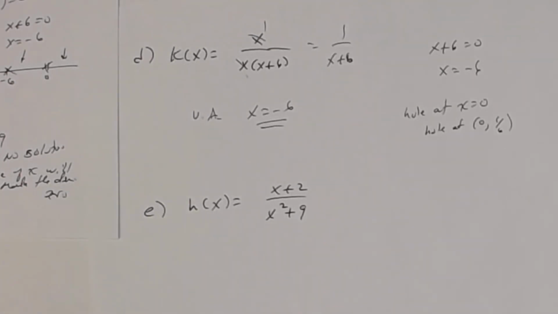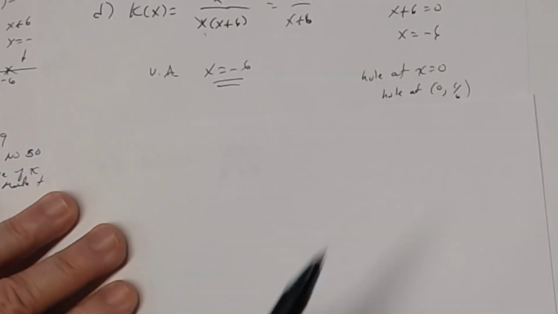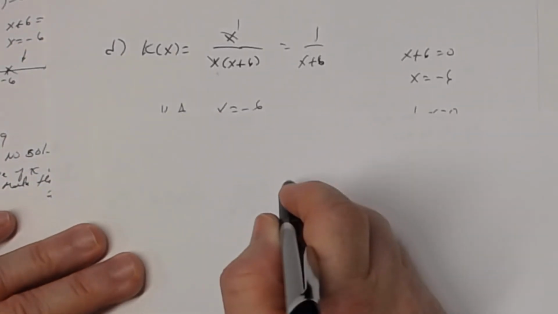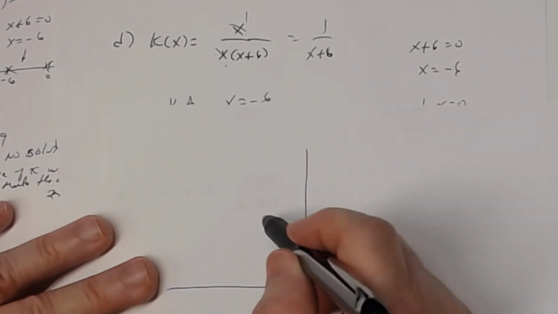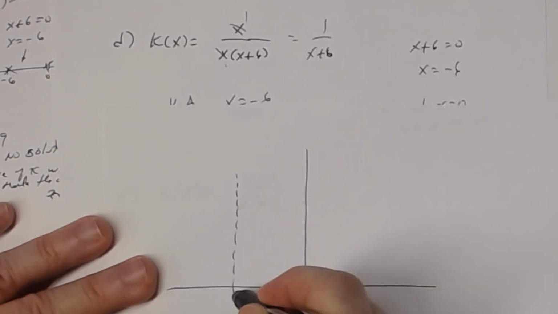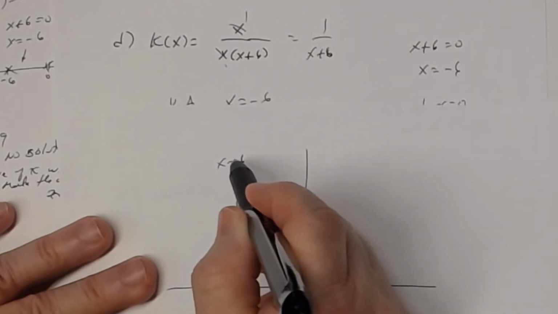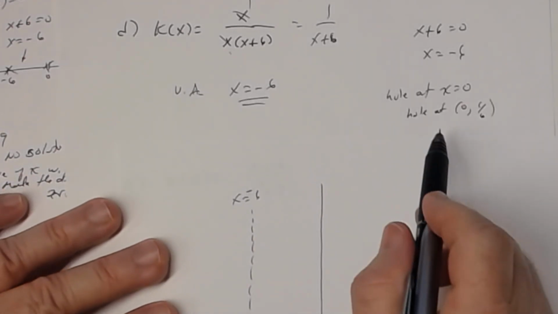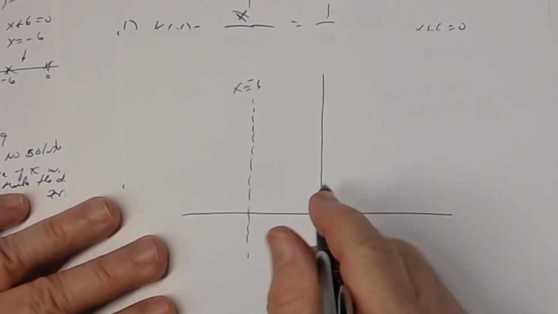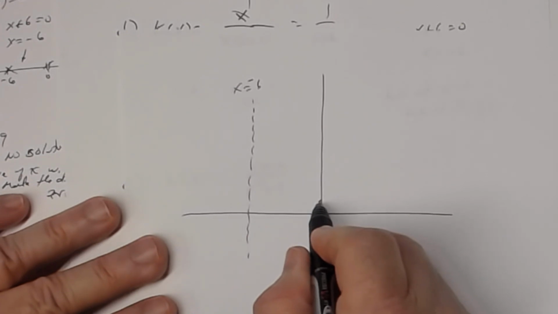All right. And let me just real quick, and I'm doing this on the fly here, show what the graph would look like for this one if you were to graph it. It looks something like this. You have a vertical asymptote at x equal negative 6, so that's here, right? And you have a hole at (0, 1/6), which is, let's say, right here.